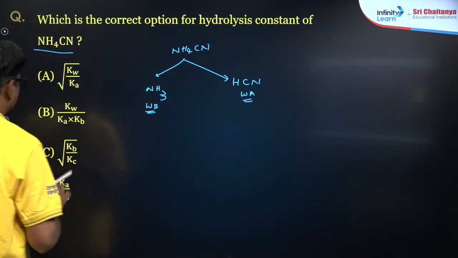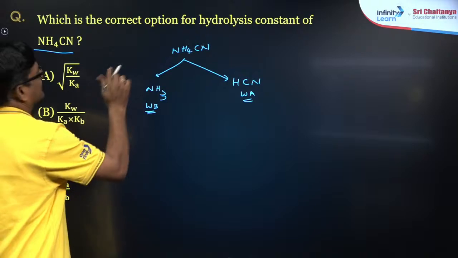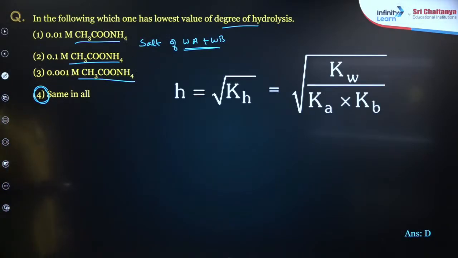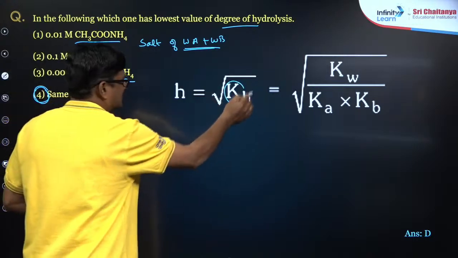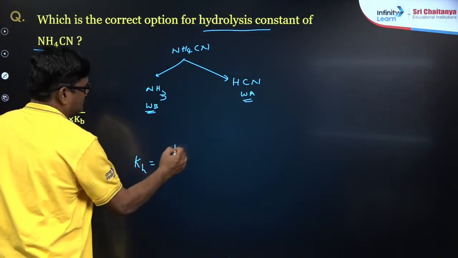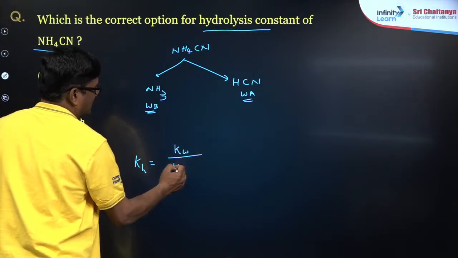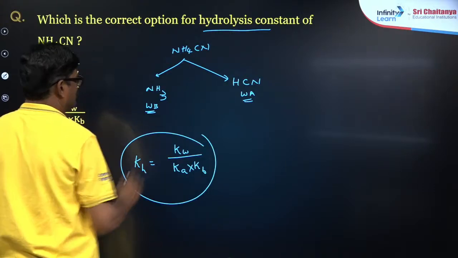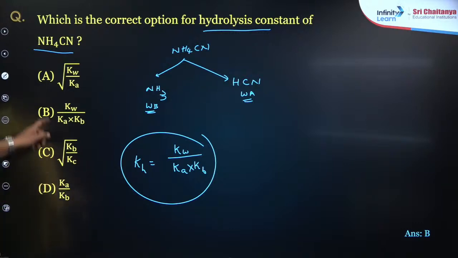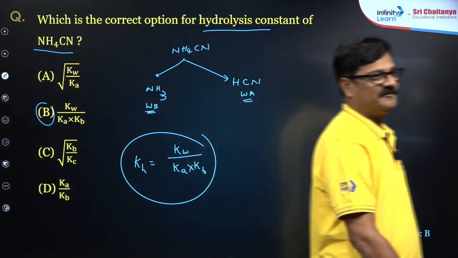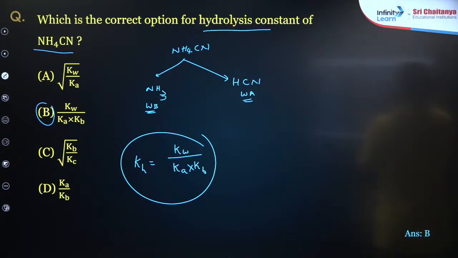So, weak acid and weak base, hydrolysis constant. For this hydrolysis constant, KH is going to be how much? KH is equal to Kw upon Ka into Kb. So, check the answer. Here it is going to be B. Got it? Chitra, fine. Hope you understand this.